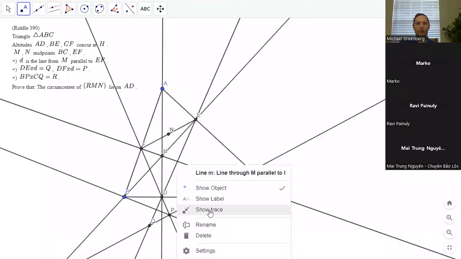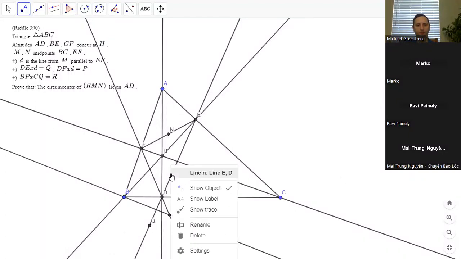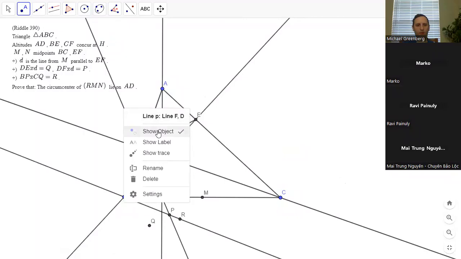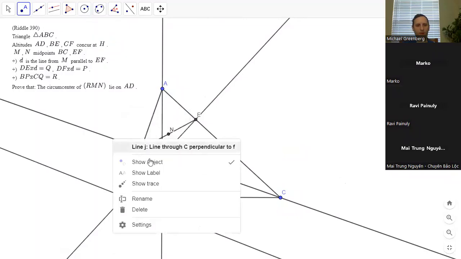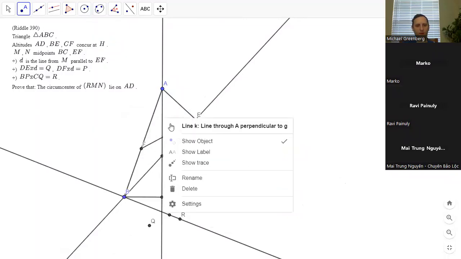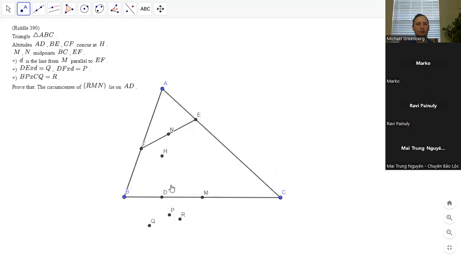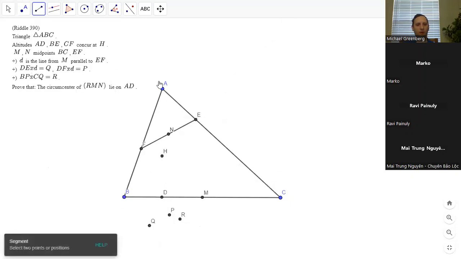I have to hide and redraw a lot of stuff because there's just too much. Hide this, hide this, hide this. And now I go in and redraw everything. Okay.